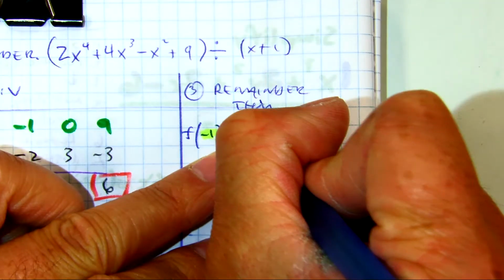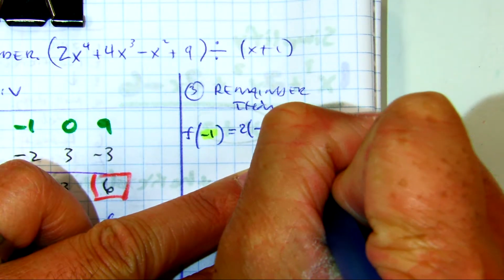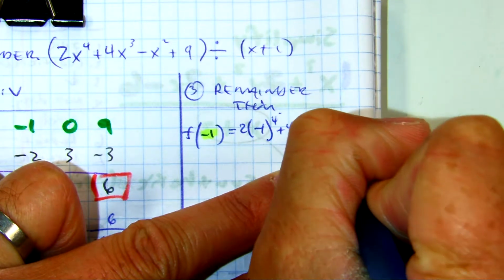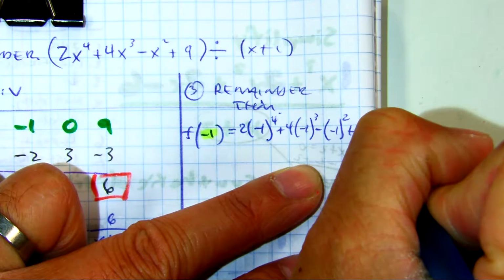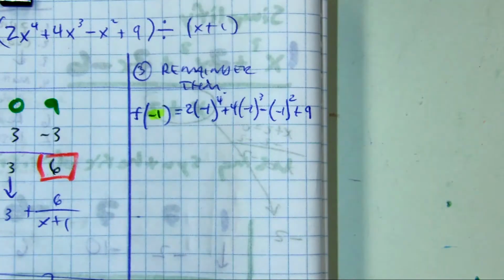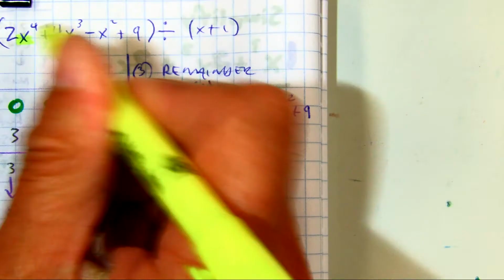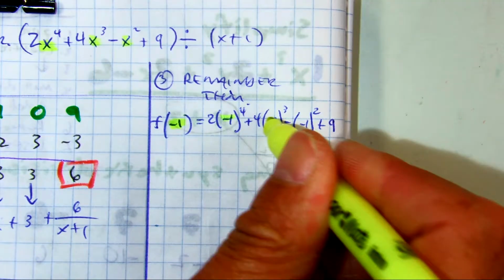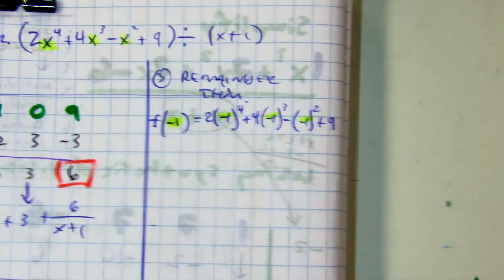2 times negative 1 to the 4th power plus 4 times negative 1 to the 3rd power, running out of space, minus negative 1 squared plus 9. Basically all I did is take the negative 1 and put it back into this function. And then we just use the order of operations to simplify.